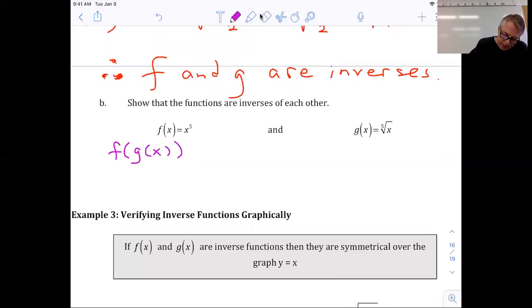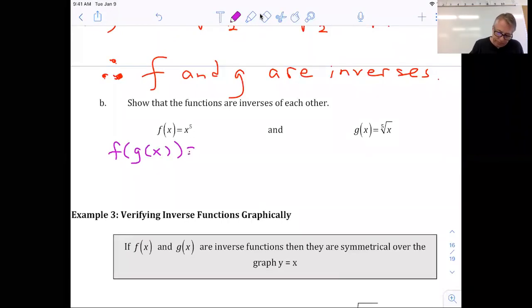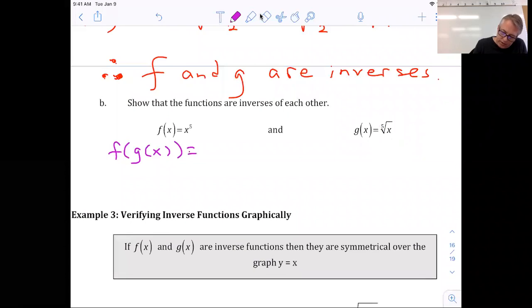So I'm finding that composite function, which means I'm going to take g of x, that, and I have to find f of that thing. Okay, f of the fifth root of x. So I'm going to be plugging that into f.